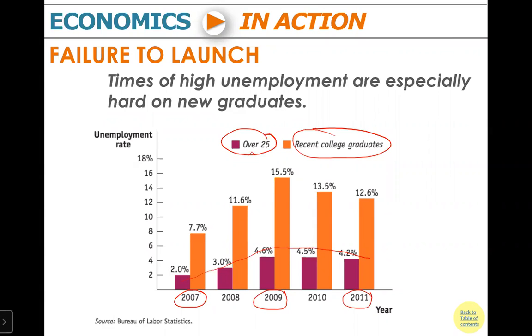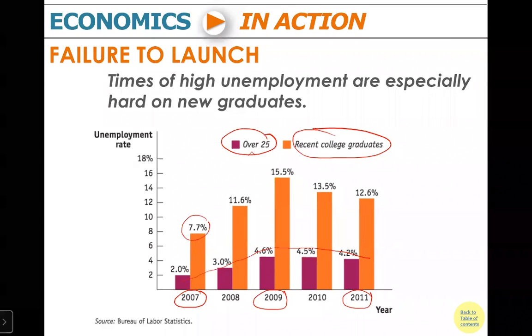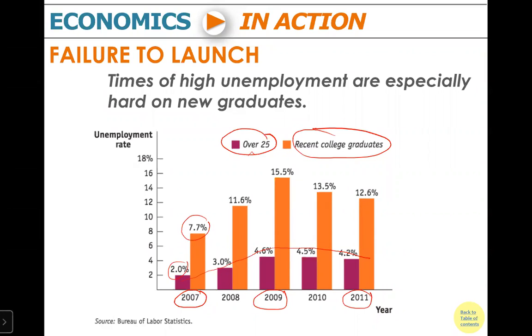Okay? But if we look at recent college graduates, the scene becomes very, very bad. Right? Because it's 7.7 versus 2. In the worst days of the recession, recent college graduates are experiencing almost 16% unemployment rate, compared with 4.6%.